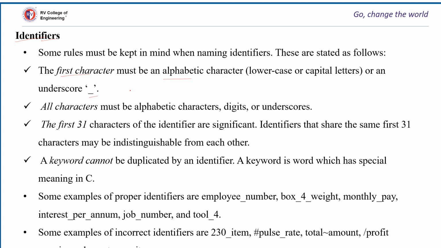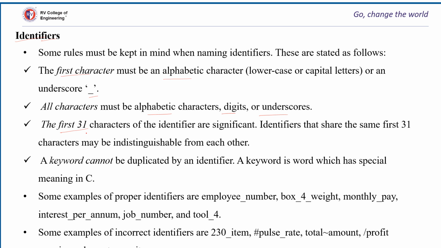No digits are allowed. The second rule is that all characters must be alphabetic characters, digits, or underscore. As discussed previously, no special characters are allowed as a part of identifiers. The next rule is that the length of an identifier must be a maximum of 31 characters. If it is more than that, then only 31 characters are significant.